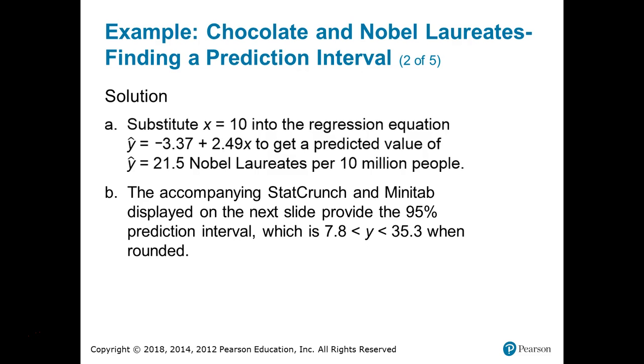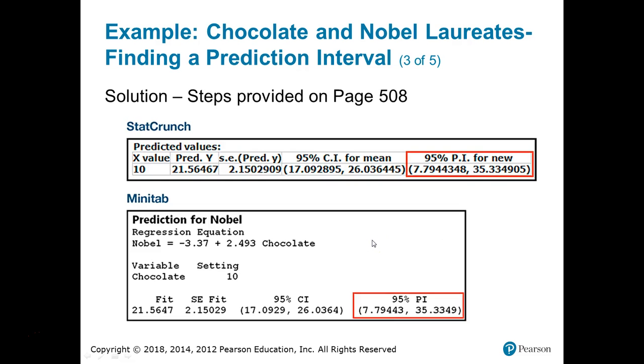Once we use technology, the 95% confidence interval shows us that we are within this range. Since your textbook doesn't want to show you how you got that, I had to add that section. The step-by-step procedure for how to do a confidence interval is shown on page 508.